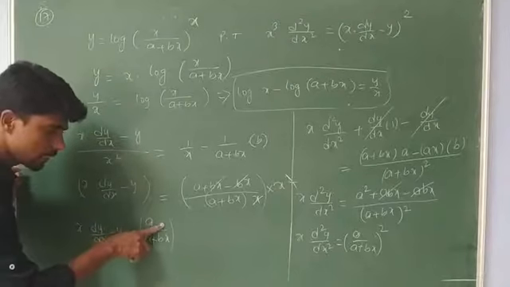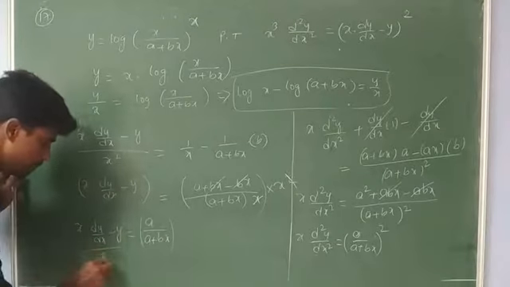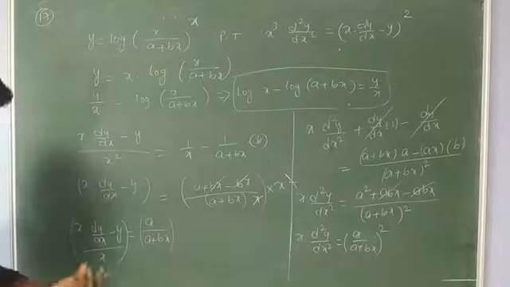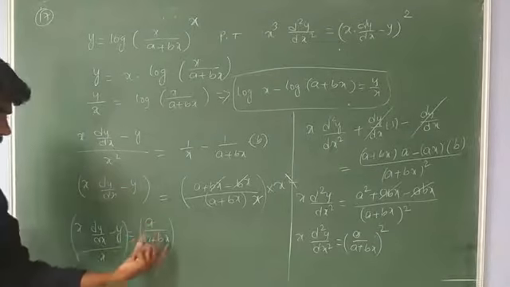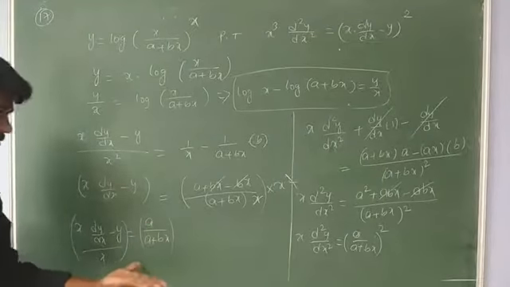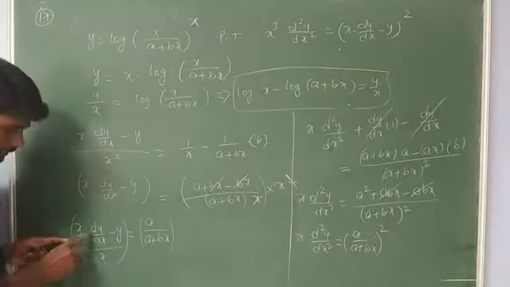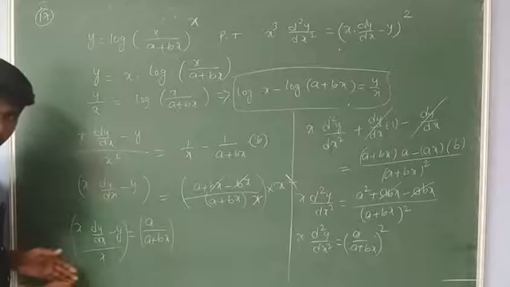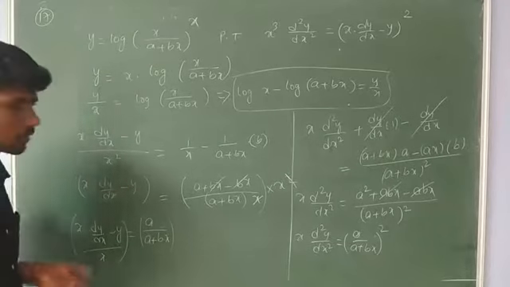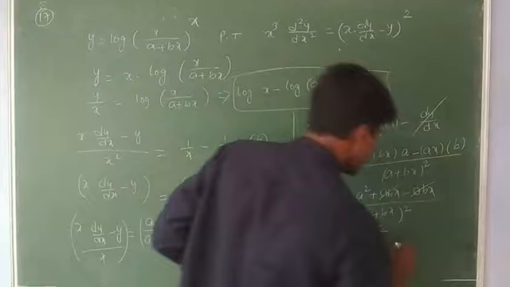If I don't have x here, if I transfer this x to the right side, this particular value will be equal to a by a plus bx. So in place of a by a plus bx, I can substitute x into dy by dx minus y divided by x, then we get our answer.